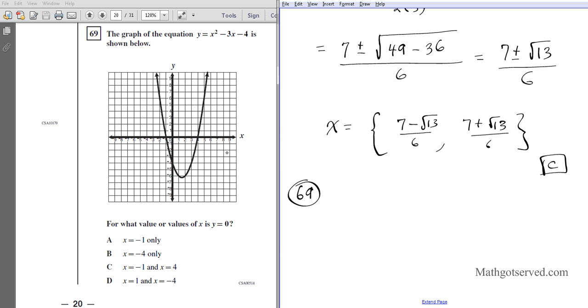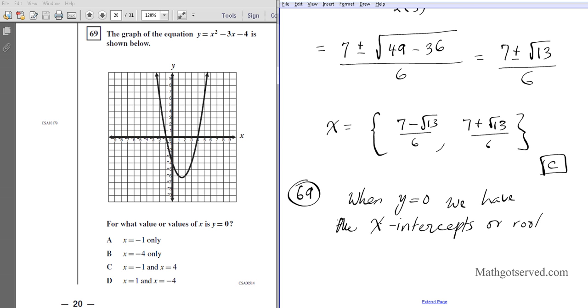So basically what this question is telling you is what are your x-intercepts. So when y equals 0, we have the x-intercepts, or roots.